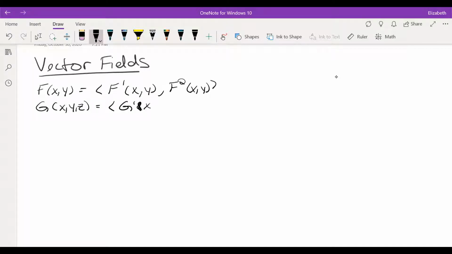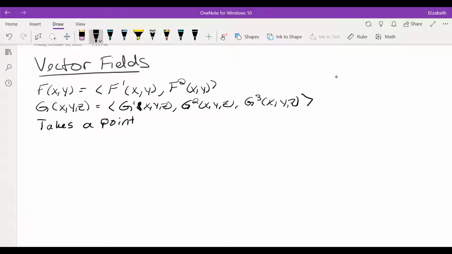We get a 3D vector out of it. Just like so. Okay, so main idea here is that it takes in a point and it gives you a vector at that spot.